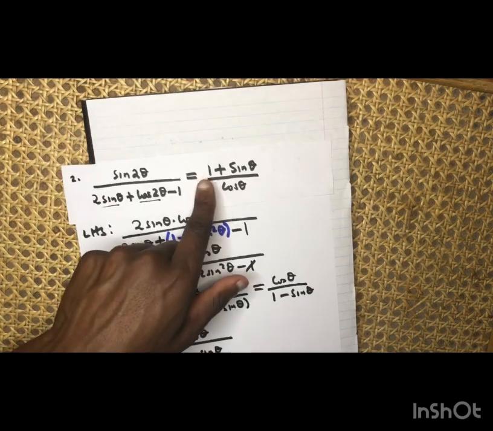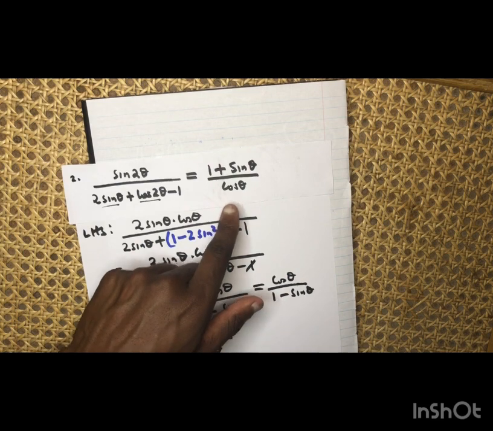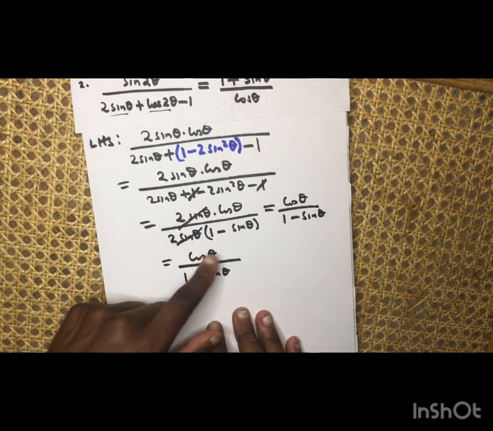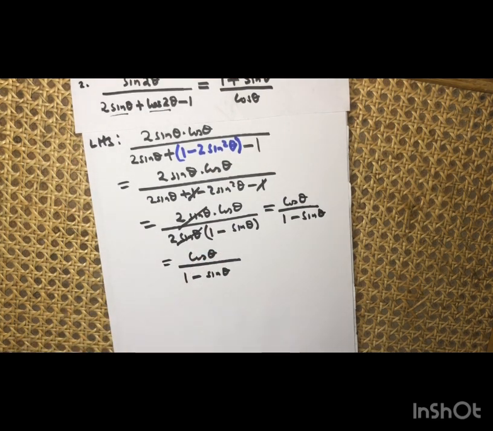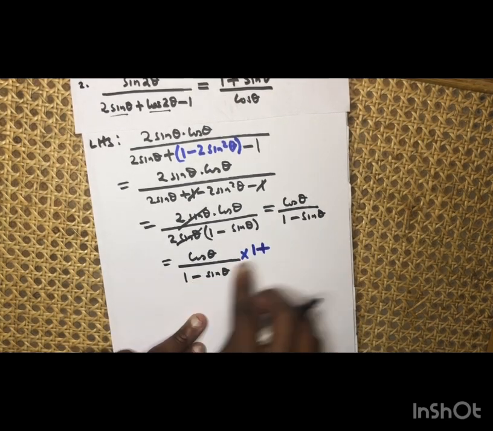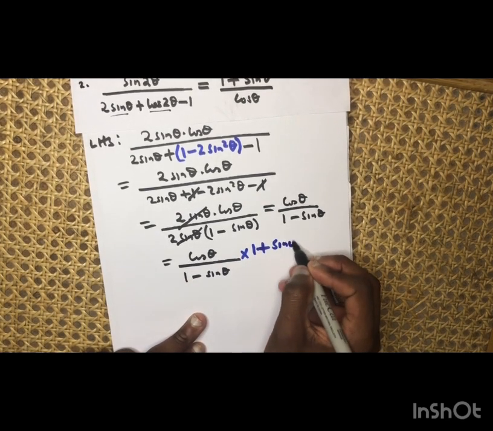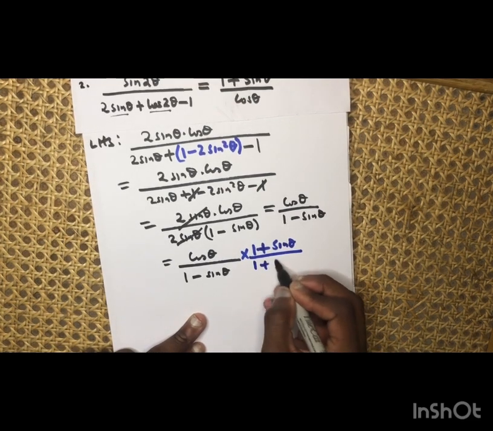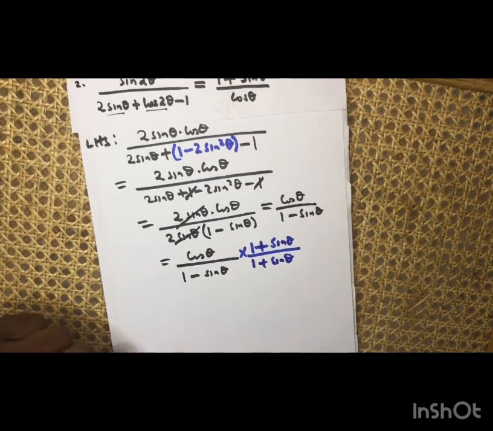I have 1 plus sine theta over cos theta, right? But here I have cos theta over 1 minus sine theta. So which means I have to rationalize. So I'm going to say times, since it's minus, I'm going to put plus: 1 plus sine theta over 1 plus sine theta. Understand?